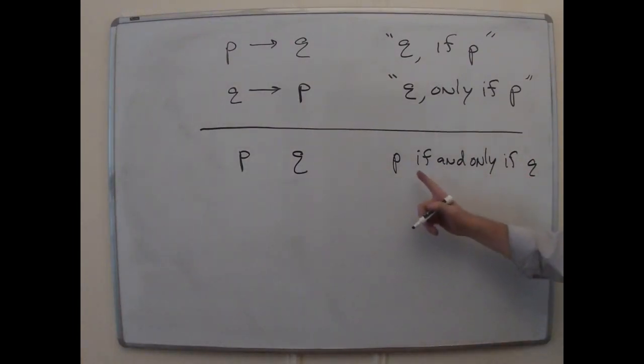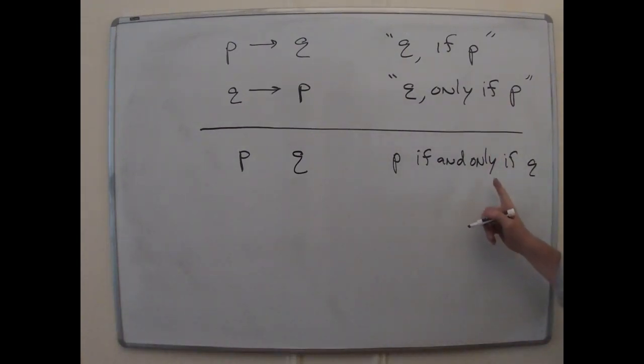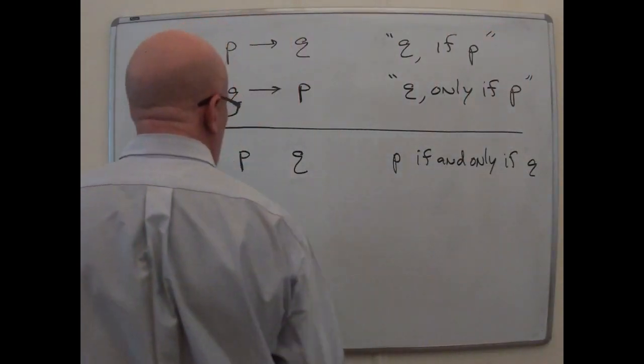Didn't your mom say you can have ice cream if and only if you finish your lima beans? No, of course not. But she should have, because probably that's what she actually meant. The biconditional is a pretty strong thing.